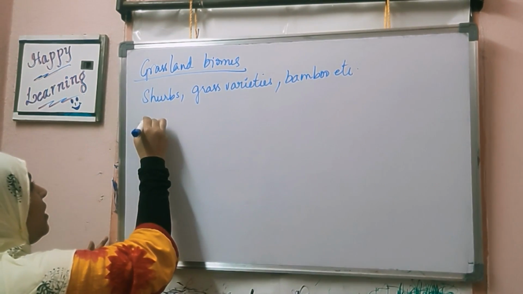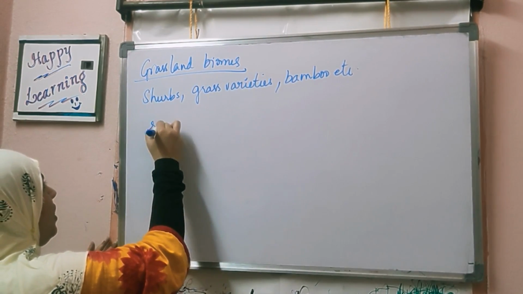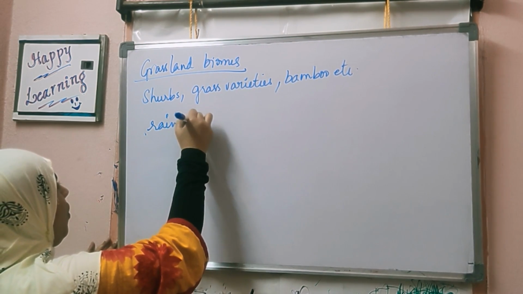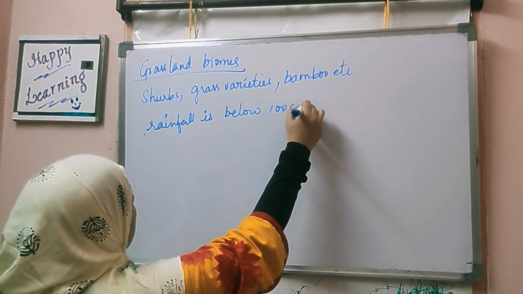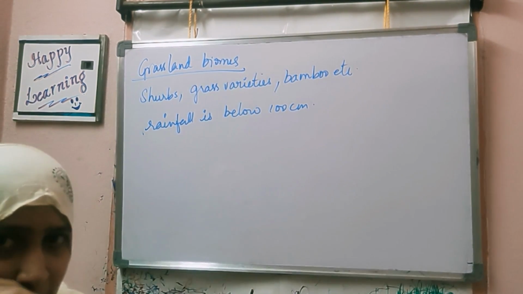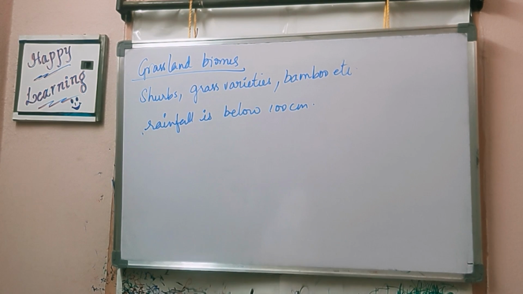This is the reason where rainfall is below 100 centimeters. Below 100 centimeters of rainfall is seen.